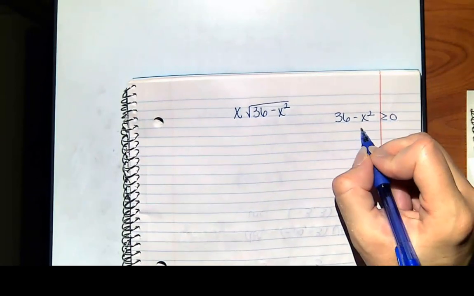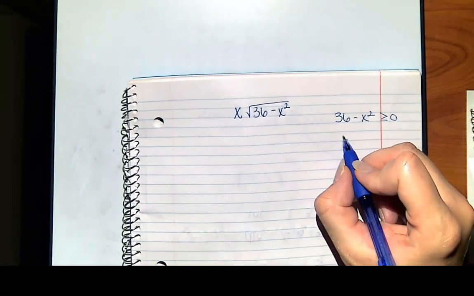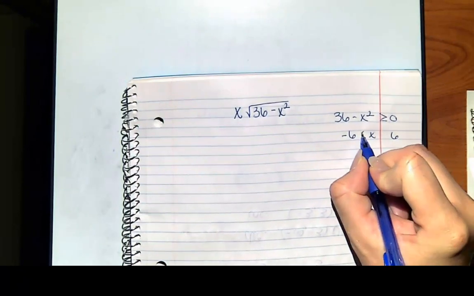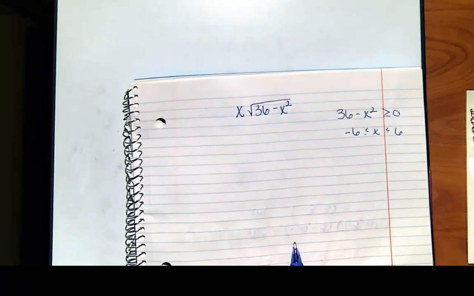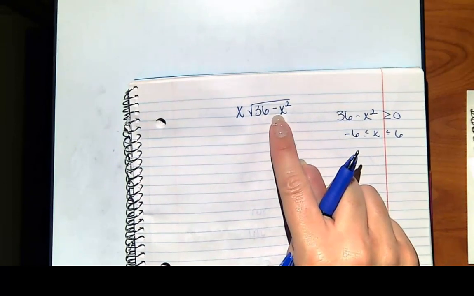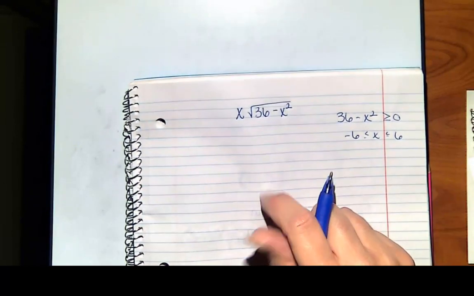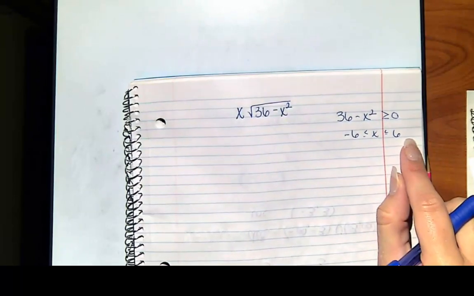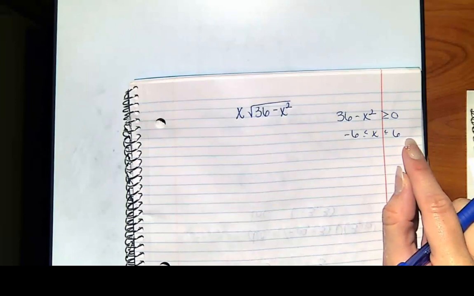Okay? And when you work this through, you're going to find out that everything between -6 and +6 is fair game. Okay, if you use -7, then 36 minus 49 is off limits, because it takes you to negatives, which will take you into imaginary numbers. If you use +7, same thing.